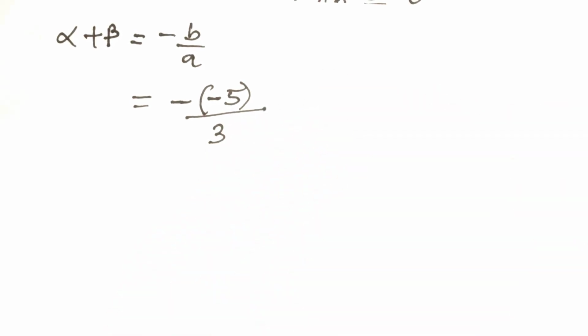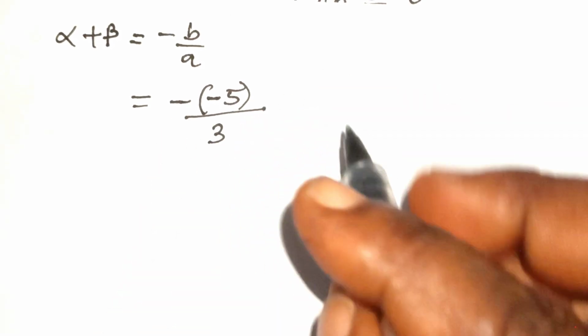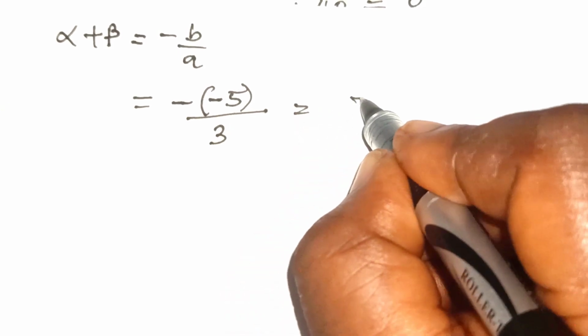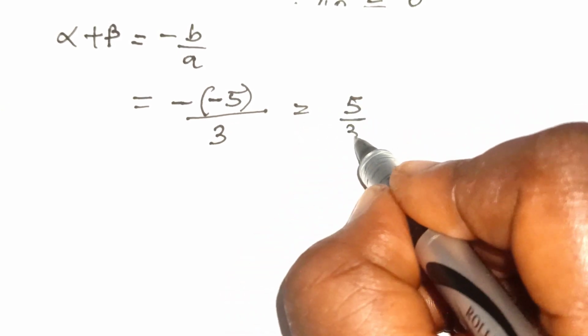A is 3. So minus times minus is equal to plus. So we have 5 over 3.